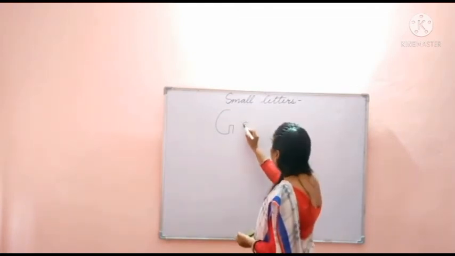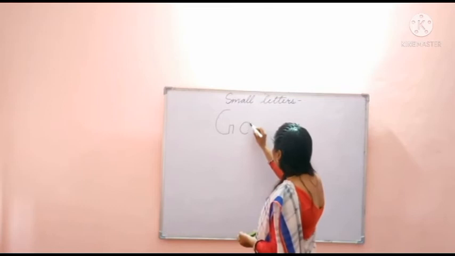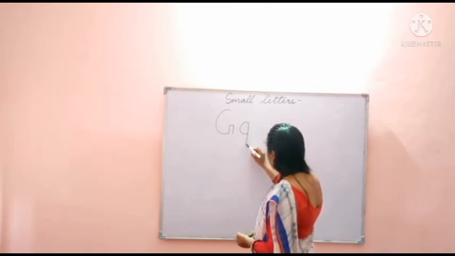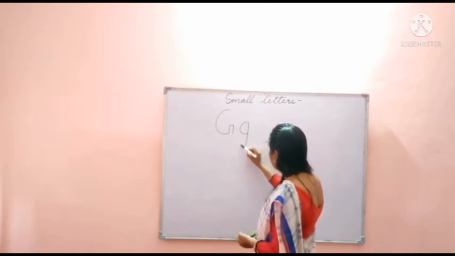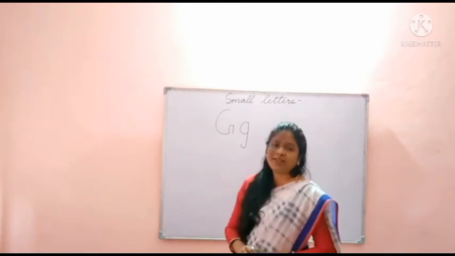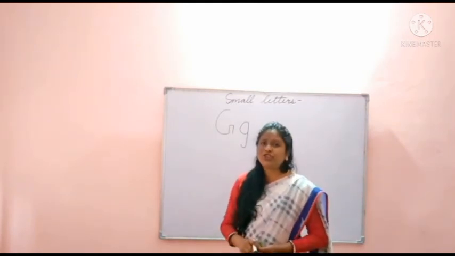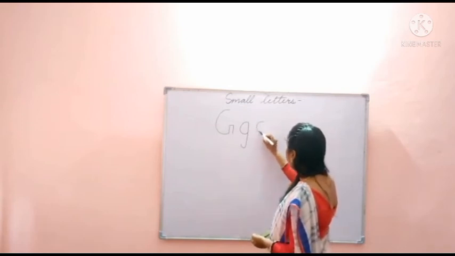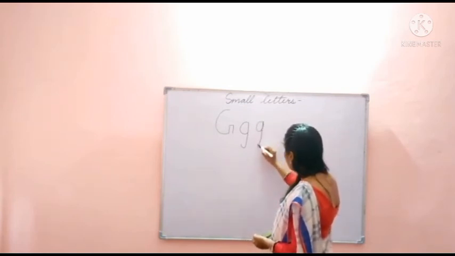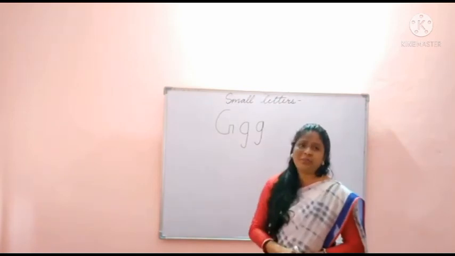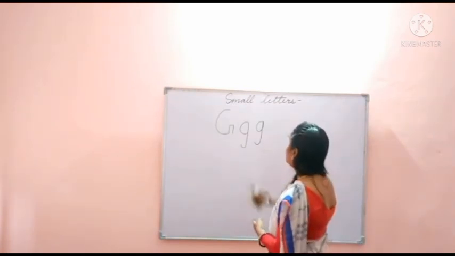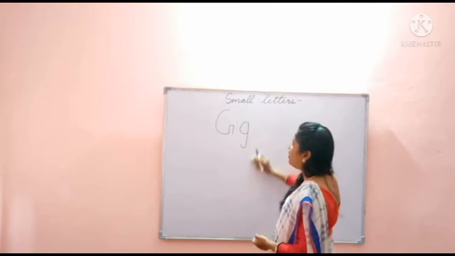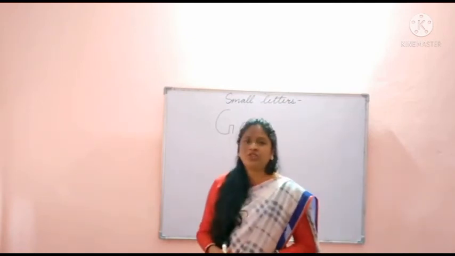You make a curve and a standing line joining to the curve and a small tail at the end. This makes small letter G. Or you can make G like number 9 and a small tail in the end. This is the way you write small g.